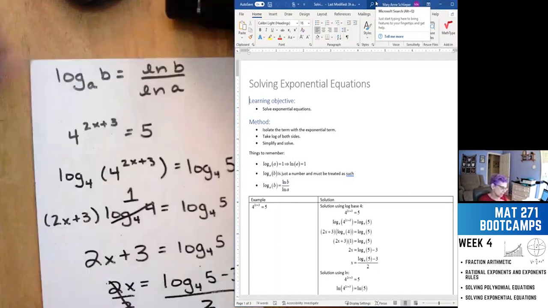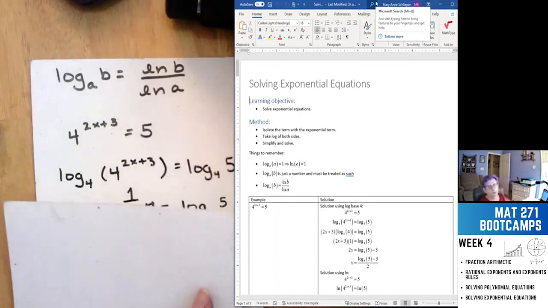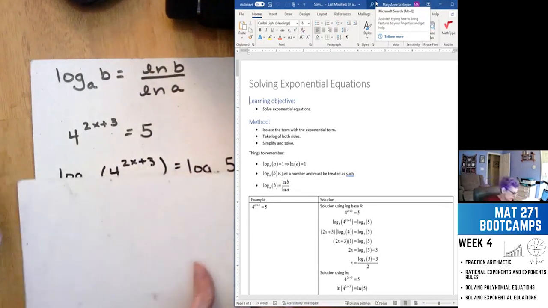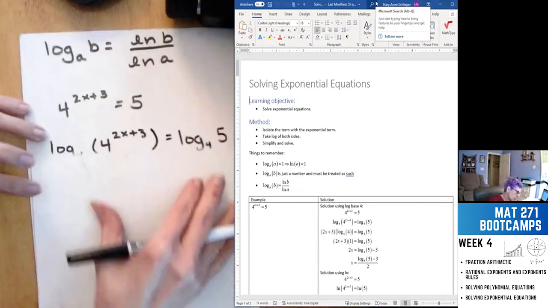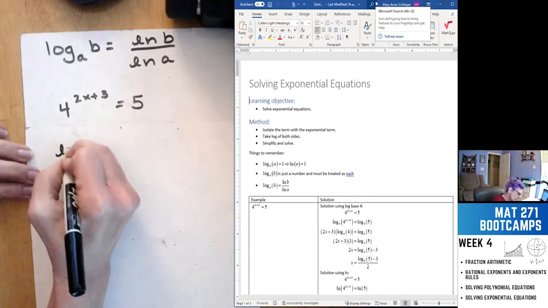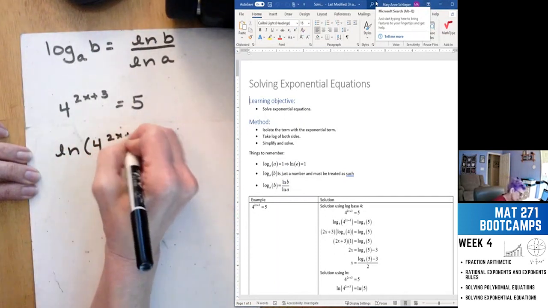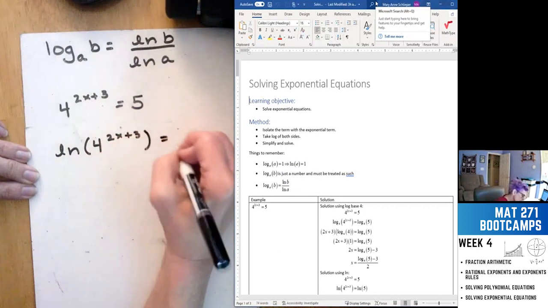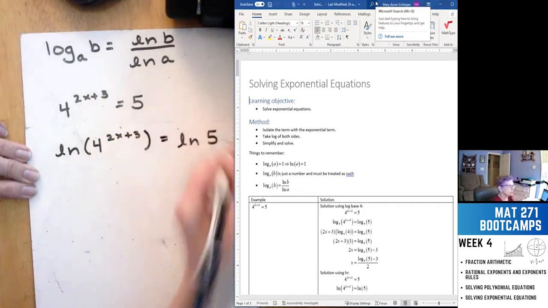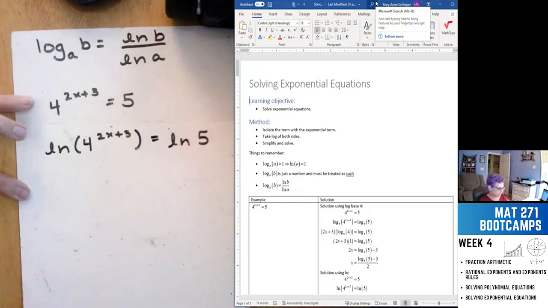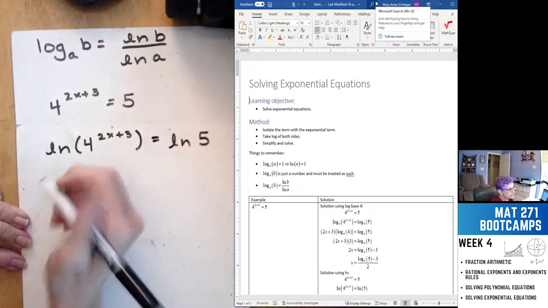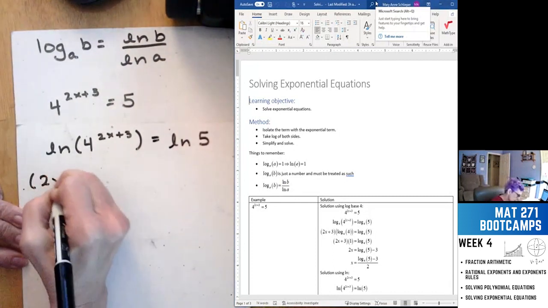Now, some people don't like using log base 4. They want to use natural logs to solve everything. If I want to use natural logs, 4 to the 2x plus 3, I can throw natural logs at both sides. 2x plus 3 still falls down in front.